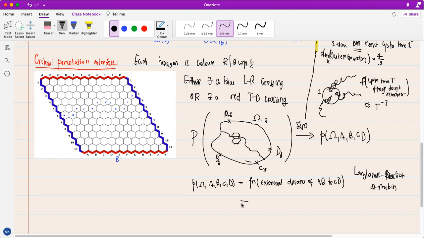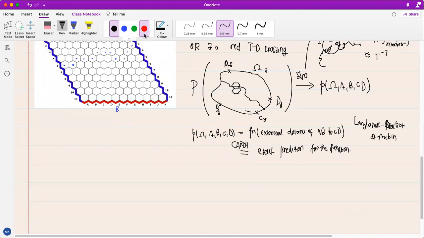There was a prediction, in fact, due to Cardy, for what this function is. In the original form it's a little complicated to say, but there is a simple form observed by Carleson. So the Cardy prediction.